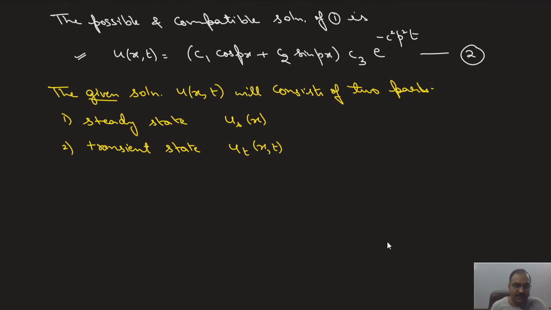So starting with the initial temperature distribution, that is known as the transient state.